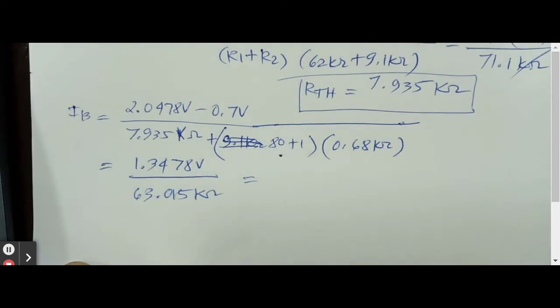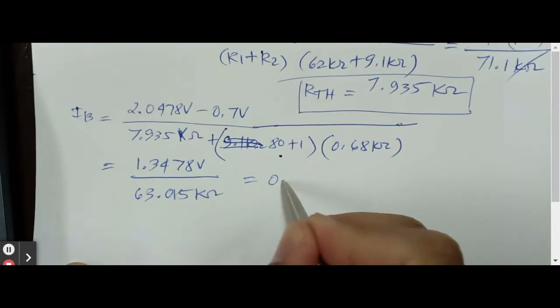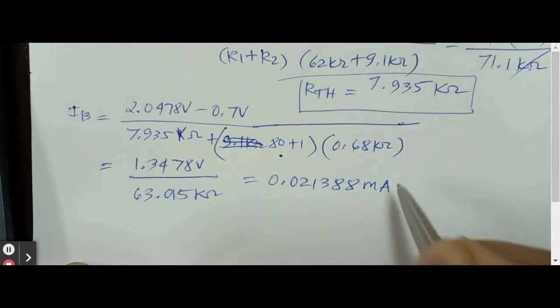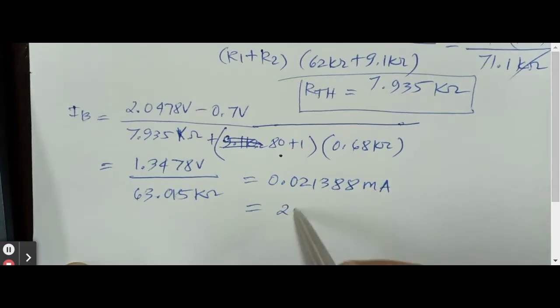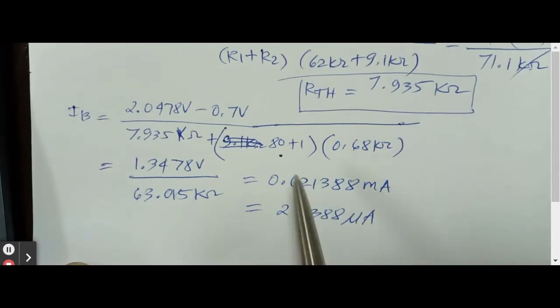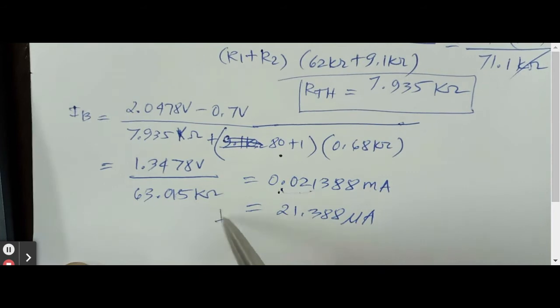And then we divide 1.3478 divided by 63.015 kilo ohms, we will get 0.021388 milliamperes. And we can write 21.388 microamperes. Again, just put the decimal point to the right 3 times. So this will be your IB.